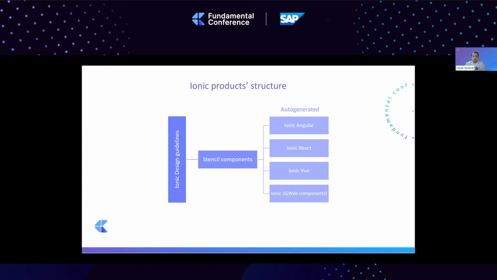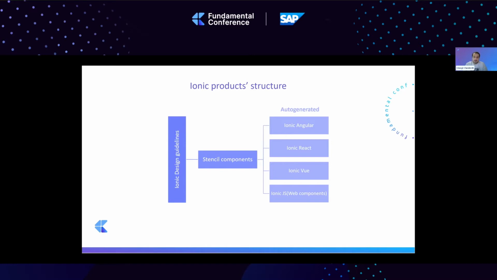And how they did that is an interesting and unusual way of doing it. For that, they created their own framework for handling such situations. They created Stencil, which is an open source framework for creating web components. And Stencil also has a twist to it.